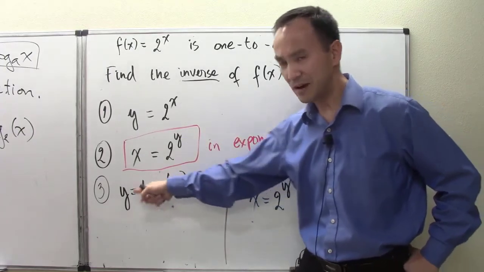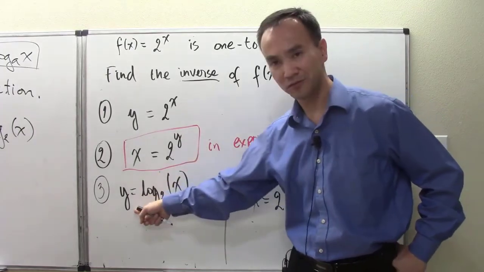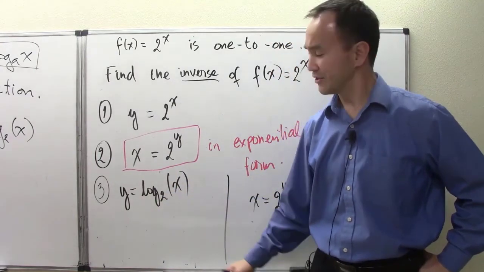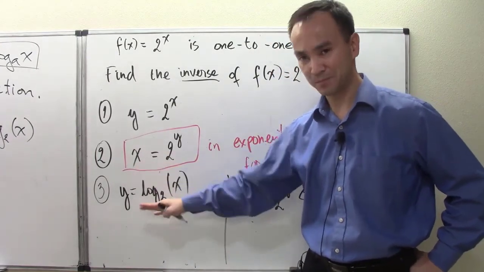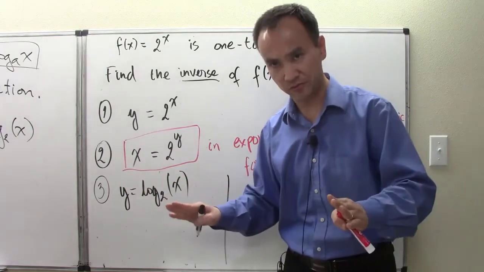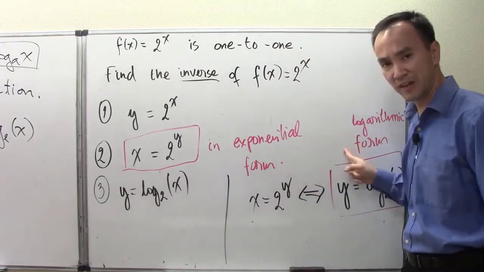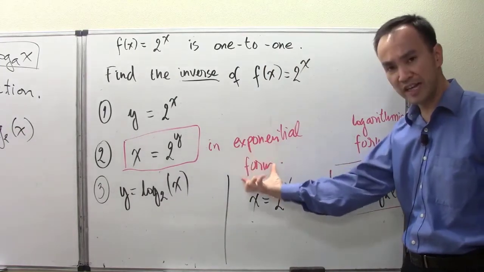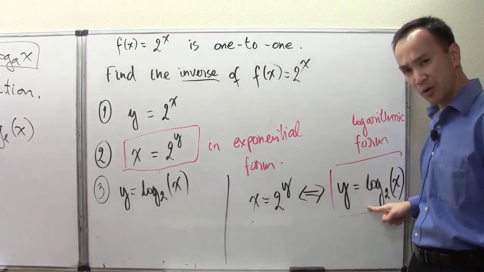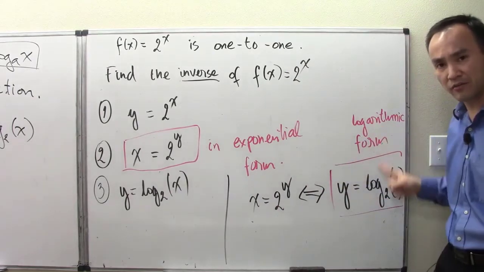So just now I've solved for the y variable as an expression in terms of x, based on our past and recent understanding that anytime we have an equation in exponential form, we can turn it into the same equation expressed in logarithmic form.